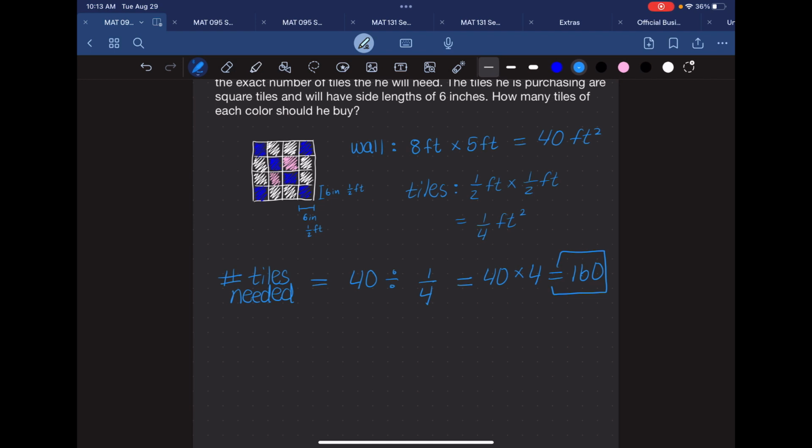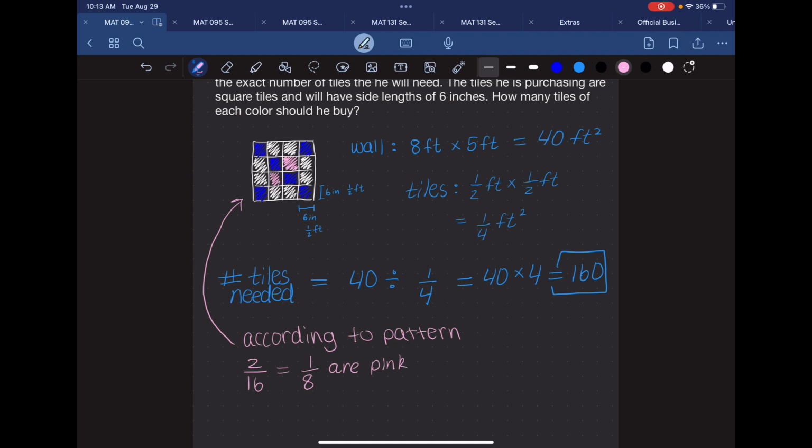So we can write, according to the pattern, we have 2 pink tiles. Now if you count the tiles in that part of the pattern, there's 16 tiles there. So we have 2 out of 16, or 1/8, are pink.